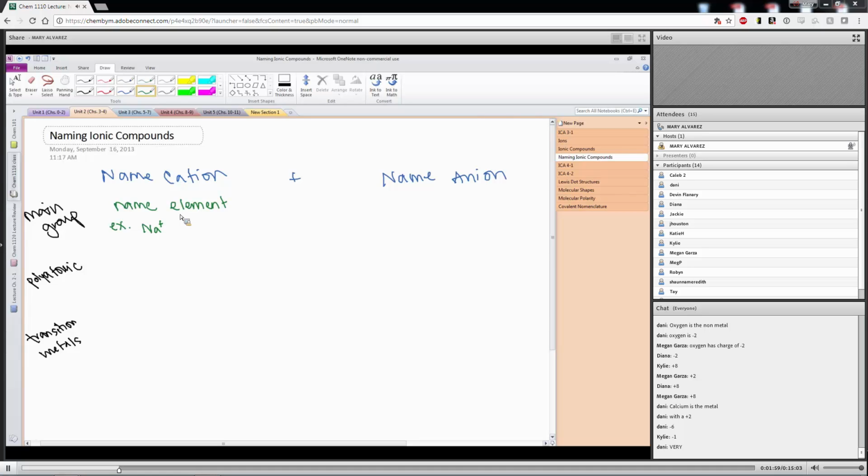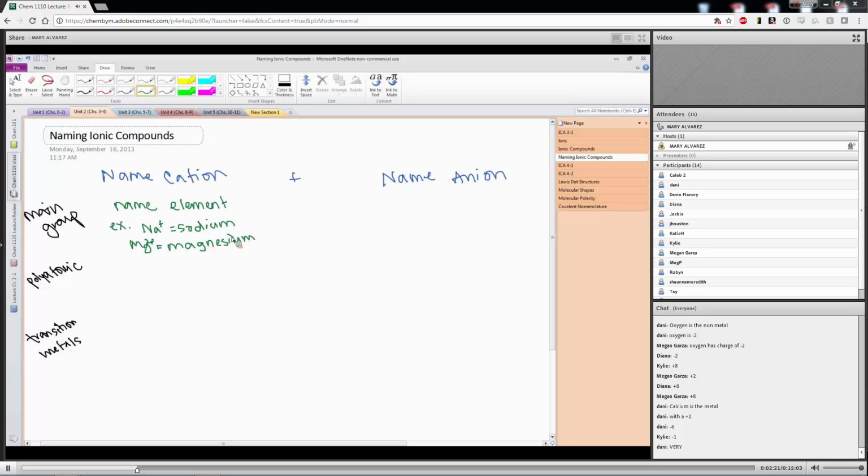We don't have to call it a sodium ion. We just say sodium when it's an ionic compound. So Na plus is sodium. Or Mg, the name of that element. Sorry, that would be Mg2 plus because it's in group 2. That's magnesium.